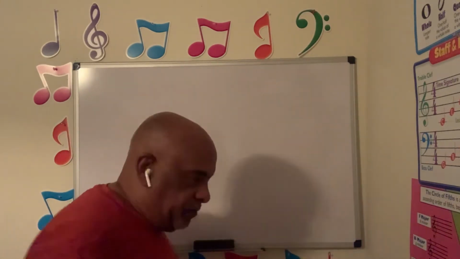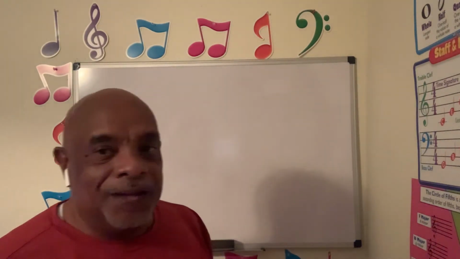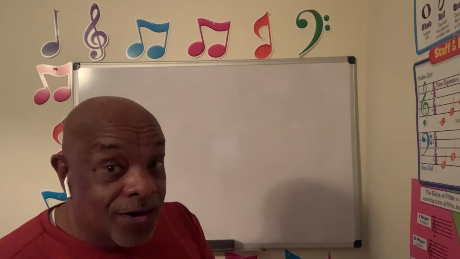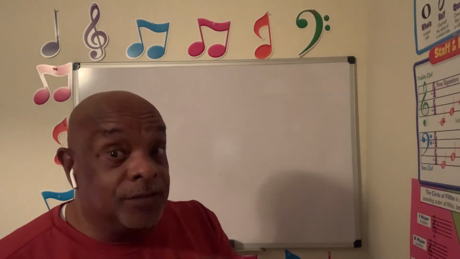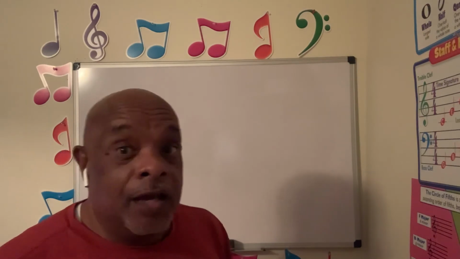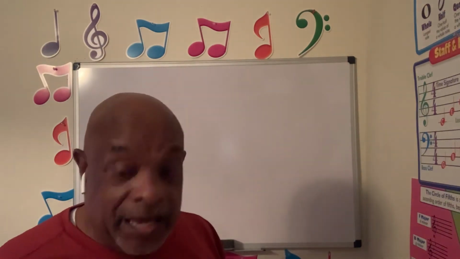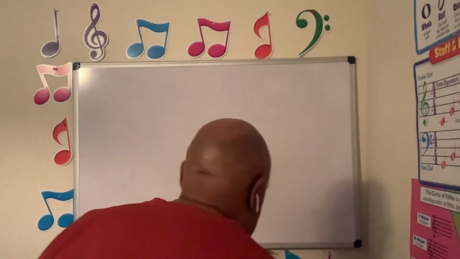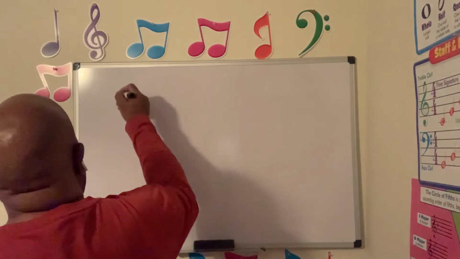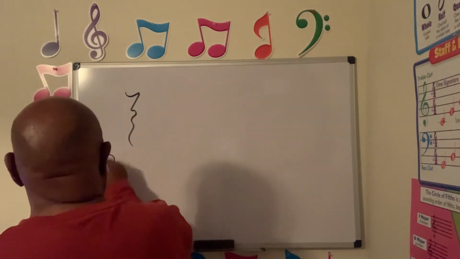Now, this is my version of a quarter rest. Now, what I need you to do is research and look up a quarter rest to see how it actually looks. But this is my version of a quarter rest. All right, here we go.